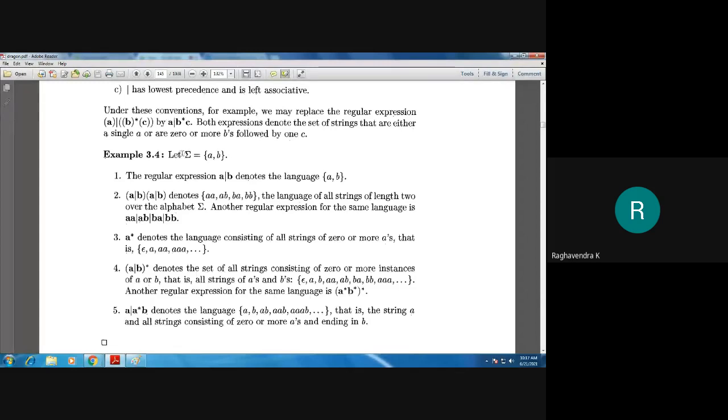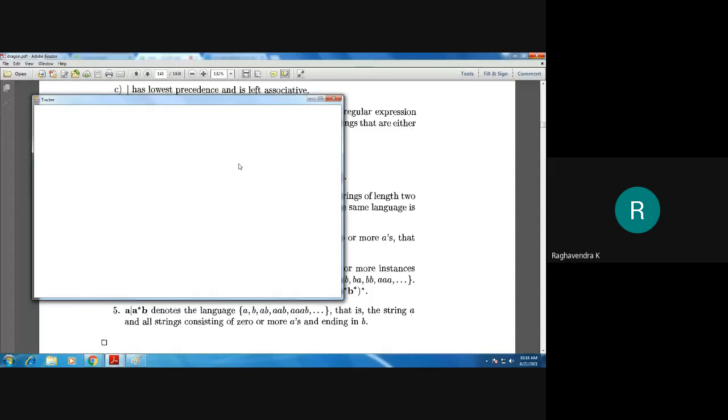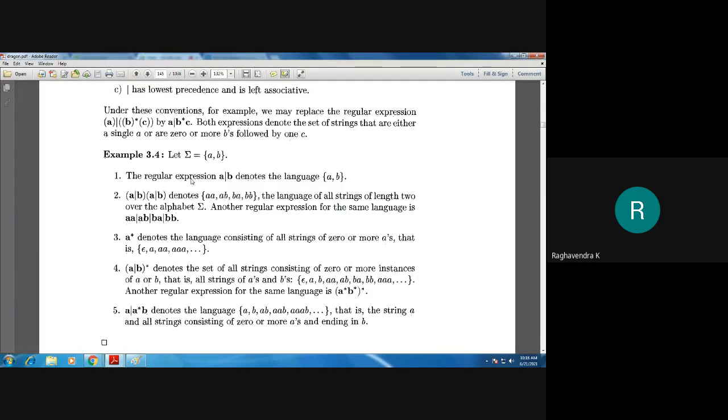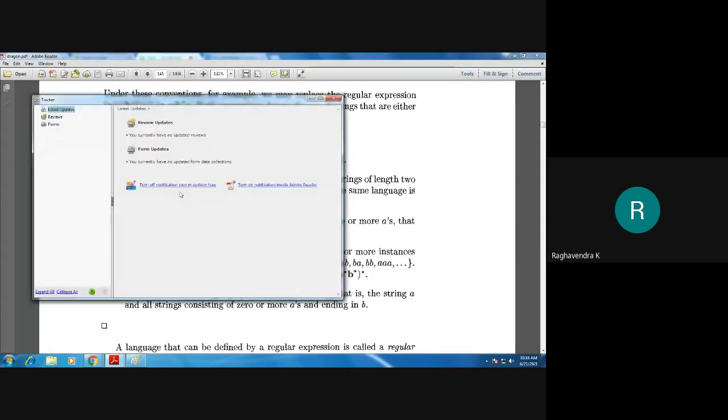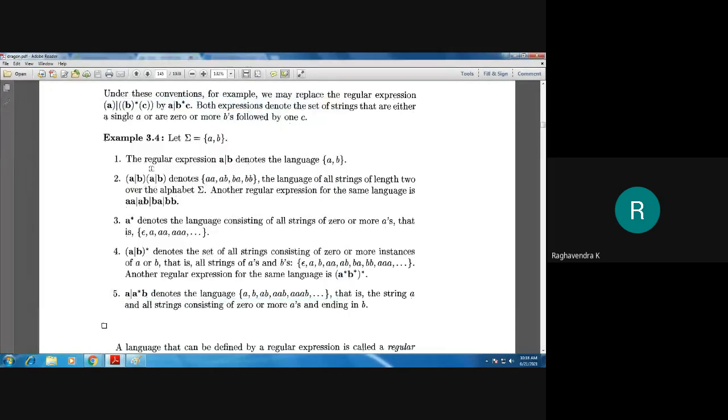Suppose we have a set of alphabet {a, b}.